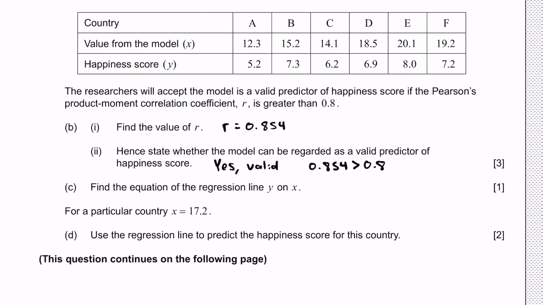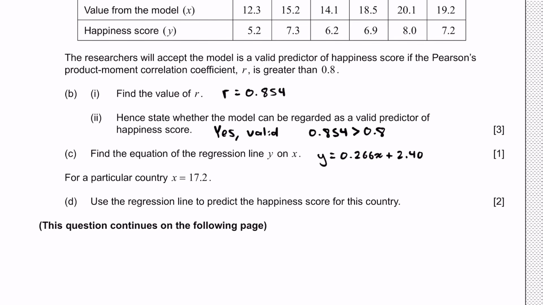The equation of the regression line, y equals 0.266x plus 2.3957 or 2.40. Okay.